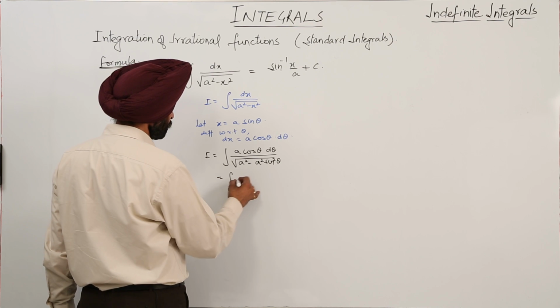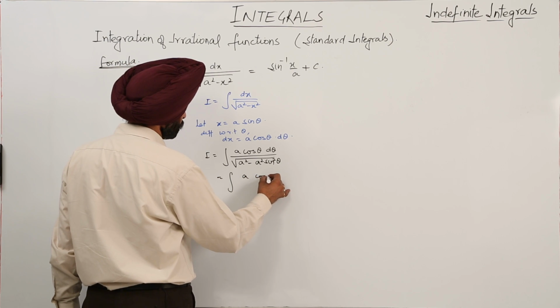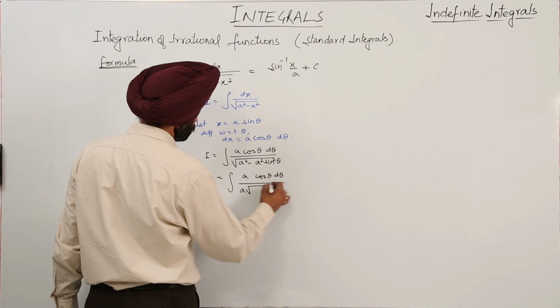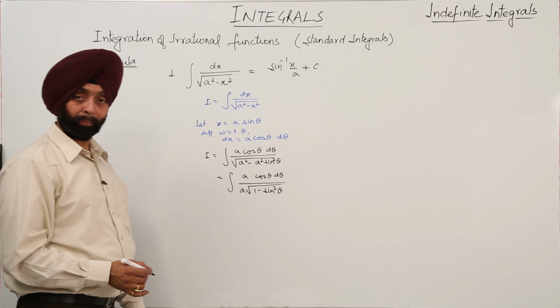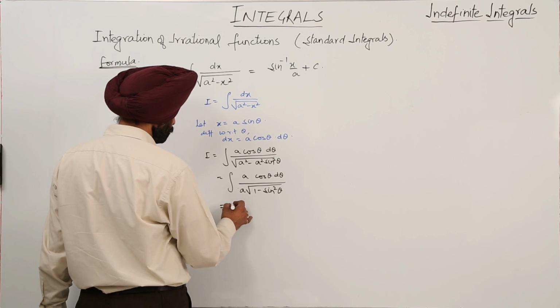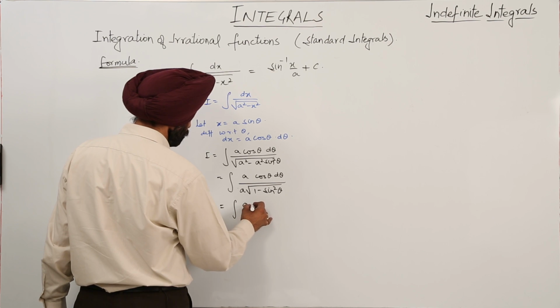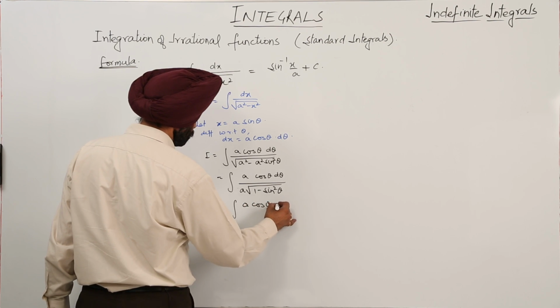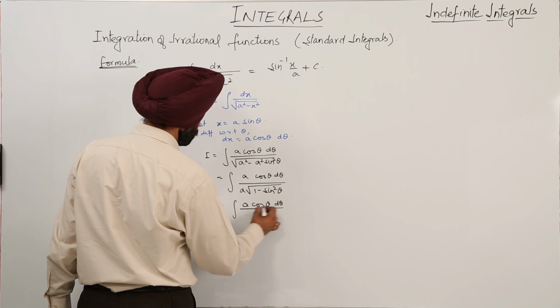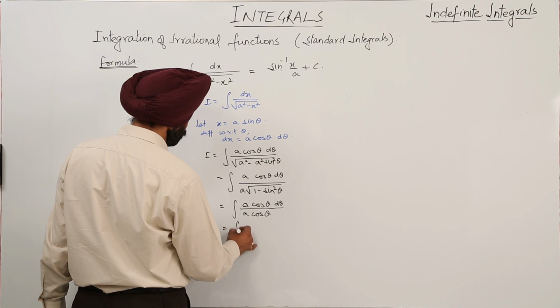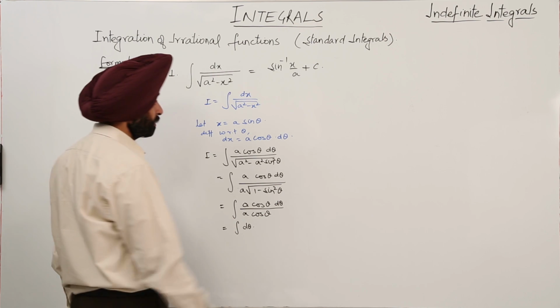Now, this becomes integration of a cos theta d theta upon a under the root 1 minus sin square theta. Okay. So, this becomes integration of a cos theta d theta upon a cos theta. So, we are left with integration of d theta.